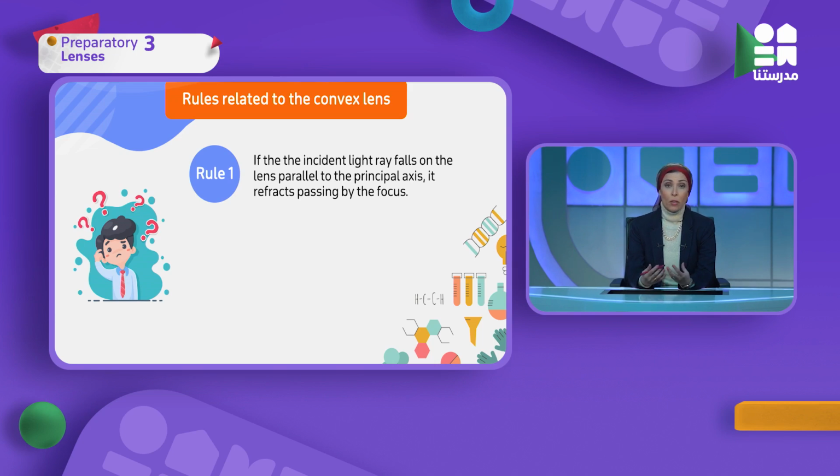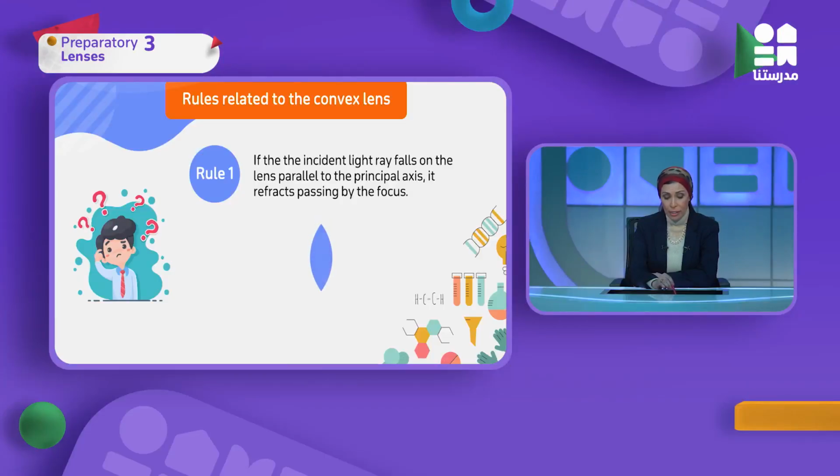Well, you will ask me, shall I remember this rule to write it? I mean, if a question says write rule number 1. No, of course not. The questions here are like: what happens if the incident light ray falls on the convex lens parallel to the principal axis? What are we going to say?